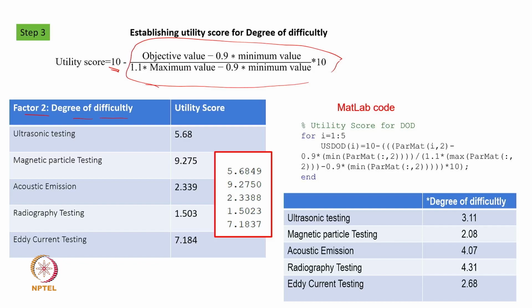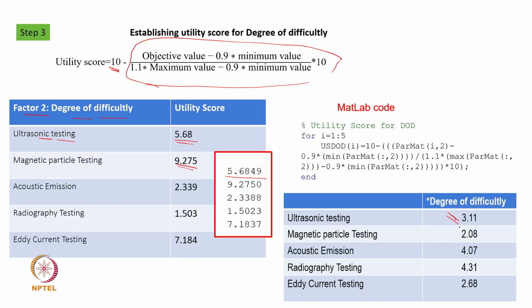Ultrasonic testing gets a degree of difficulty level which we tabulated earlier from the literature as 3.11. When we do this kind of normalization, it gets around 5.6849, and when we round off to 2 decimal places it is 5.68.